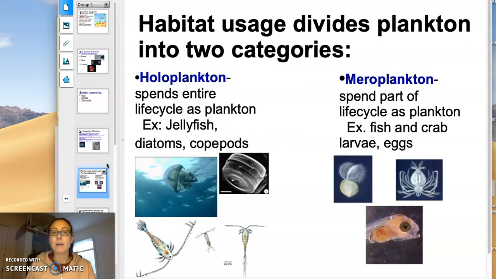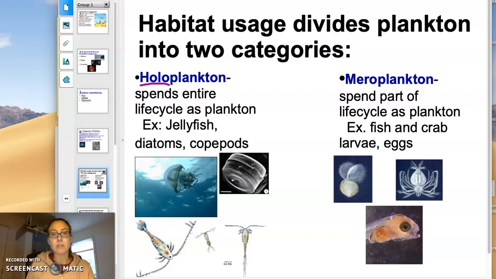So if we were to look at categories based on how they use the space in terms of their lifespan, we have organisms called holoplankton, meaning these are species that live their entire life in the water and can never really swim against current and can never really join the benthos.